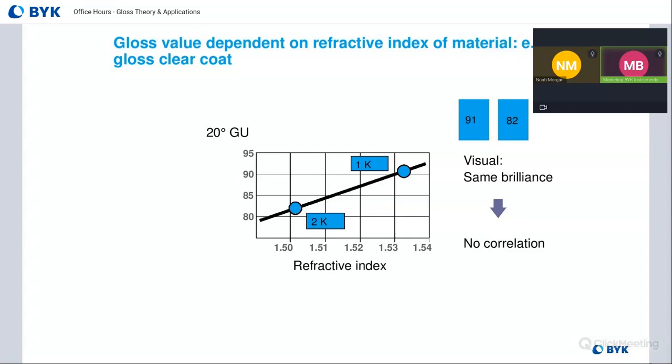Someone has also asked what the difference is between a gloss meter and a wave scan. They're two different instruments that measure very differently from each other. A wave scan is designed to measure the waviness of a surface, whereas a gloss meter is just measuring the gloss of a surface, the specular reflectance coming off that surface.